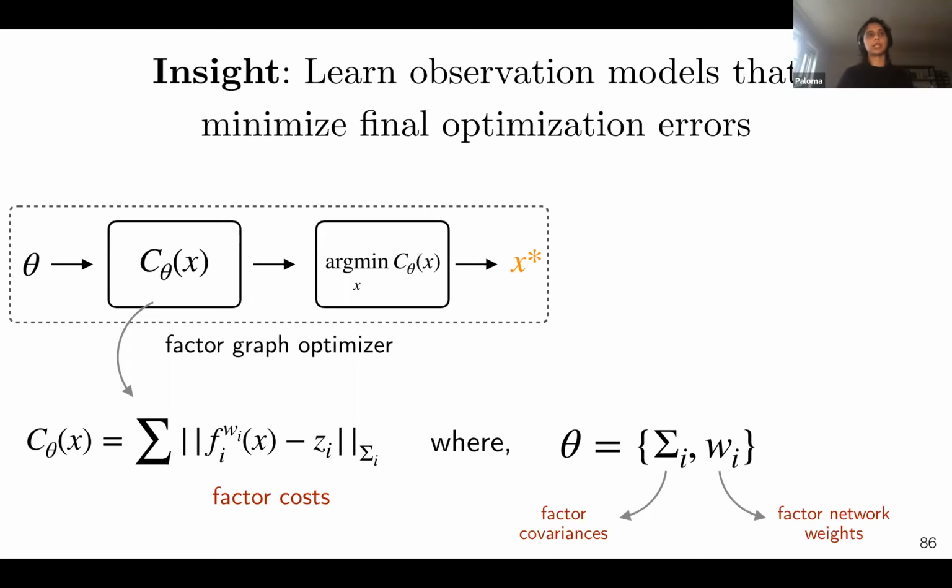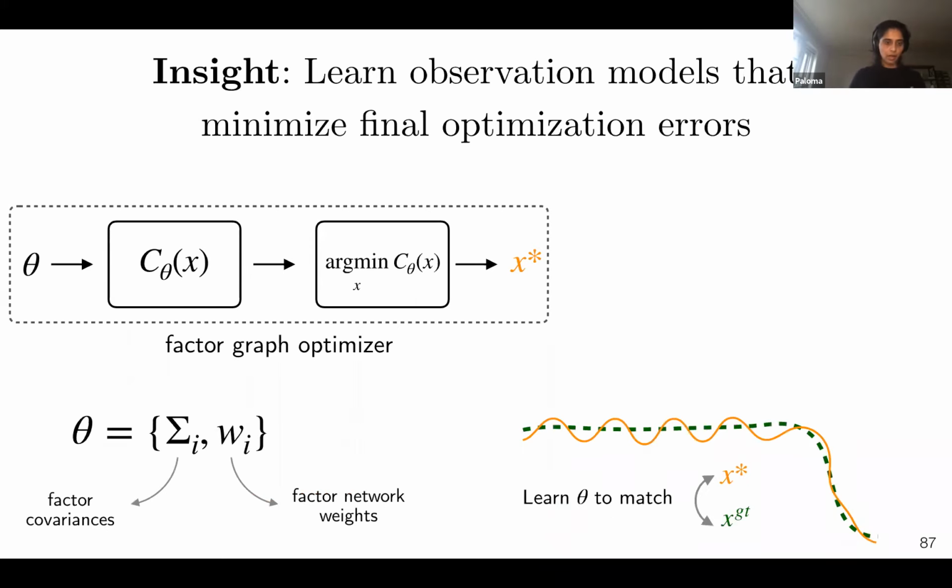And this is essentially the same MAP objective that the graph optimizer solves for, where the parameters theta here are the factor covariances and the factor network weights. And our goal is to learn parameter theta that finally results in an optimized trajectory x star that matches the ground truth trajectory x gt.